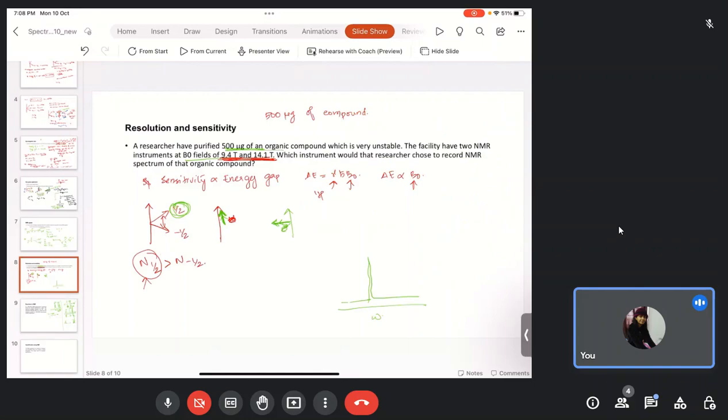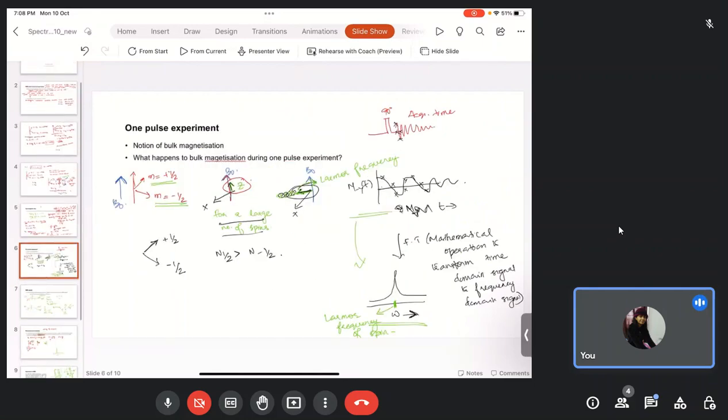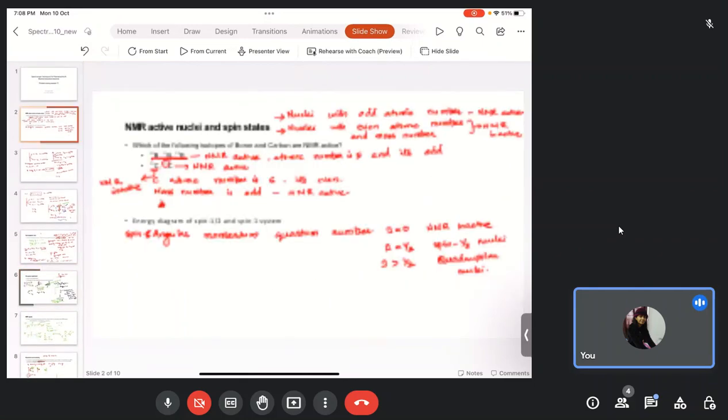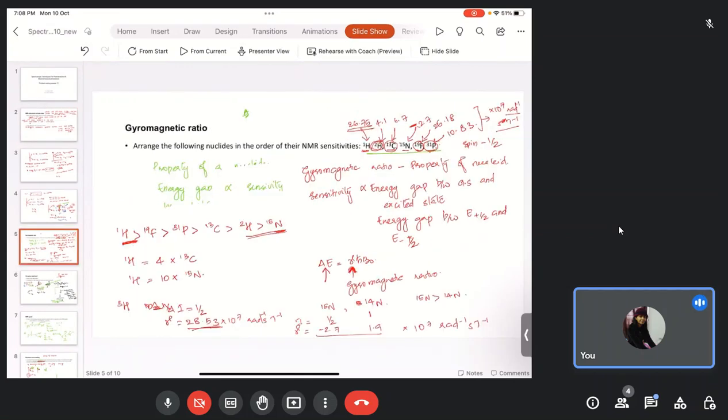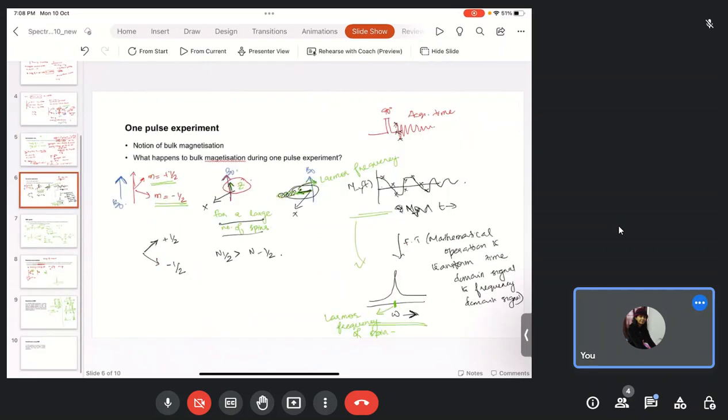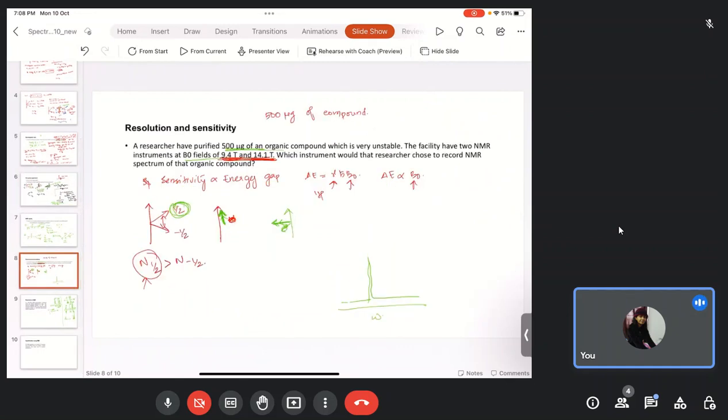If you have any question about the explanations we had today, about NMR active nuclei, how the bulk magnetization is generated, how sensitivity differs in different nuclides, the one pulse experiment, or how sensitivity is correlated with the B0 field, we can have a short discussion now.